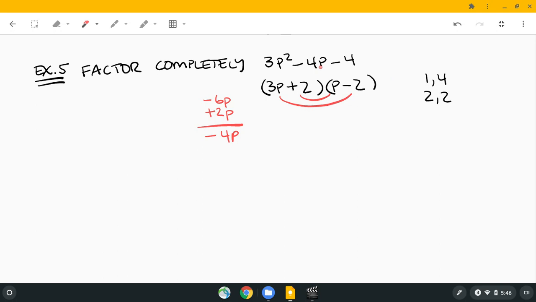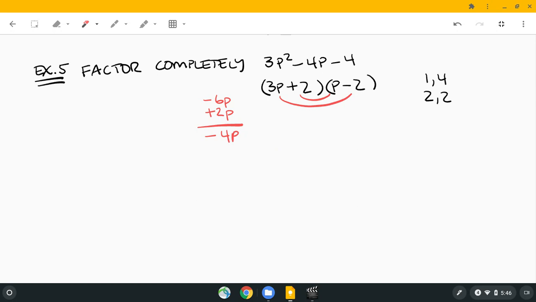Now, just because you want -4p, make sure you really do get it. Oftentimes students really want that -4p, so they do this calculation really quickly, thinking it's going to be -4p, but it turns out to be positive 4p. So just make sure you're doing the calculations correctly.